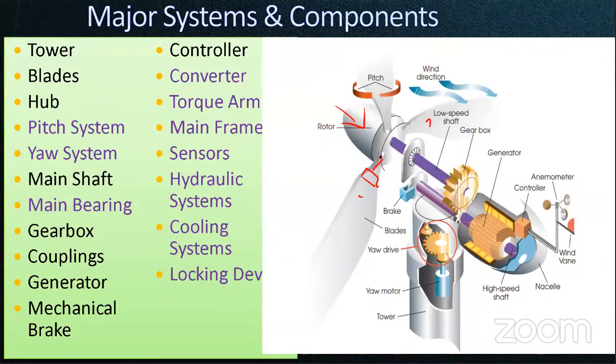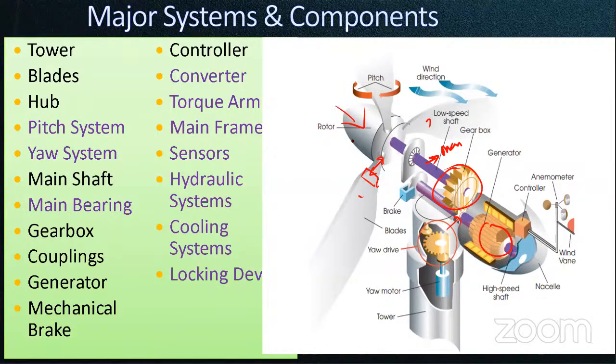Then the yaw system, then the main shaft, which is attached to the hub and to the rotor. Next is the gearbox, and the coupling between the gearbox and the generator, then the generator, mechanical brakes, and also the aerodynamic brake, control system, converter, mainframe, and the sensors.